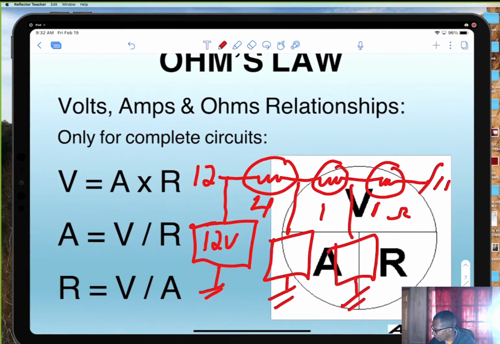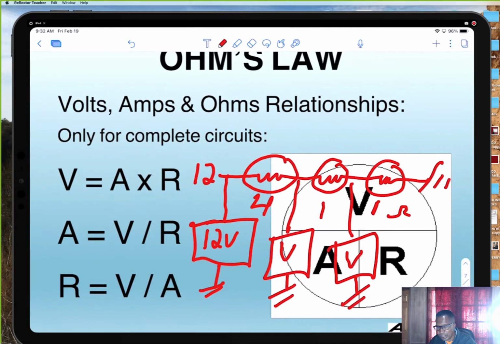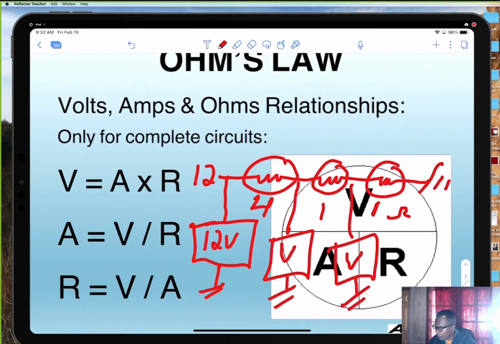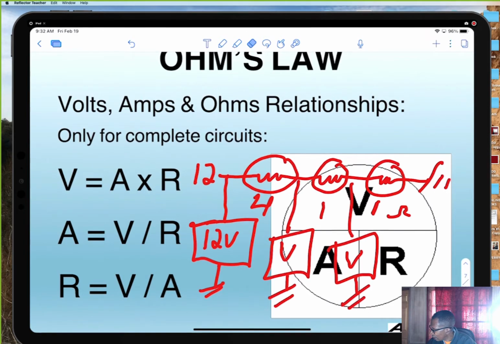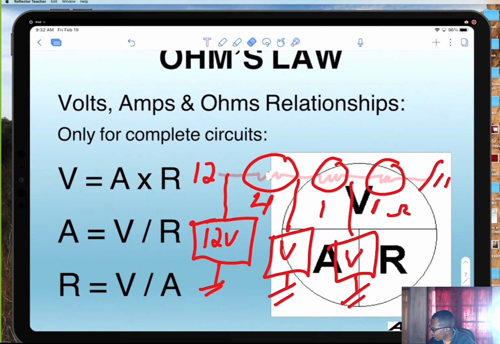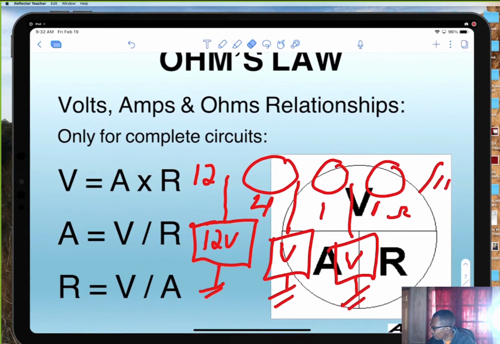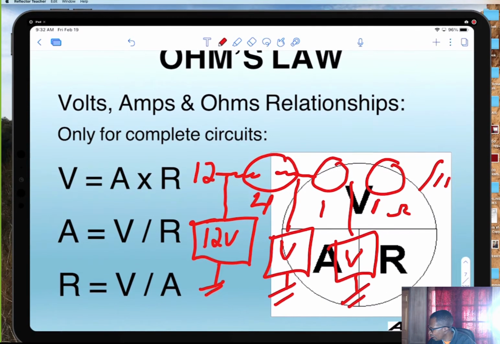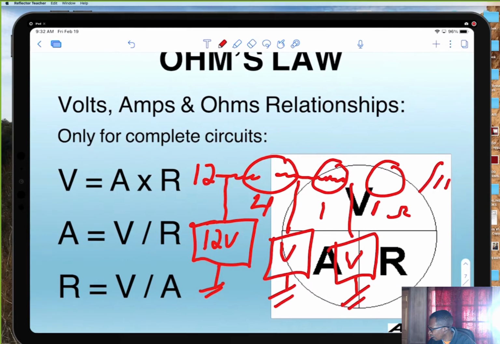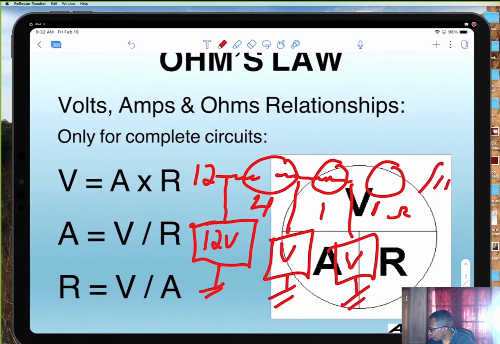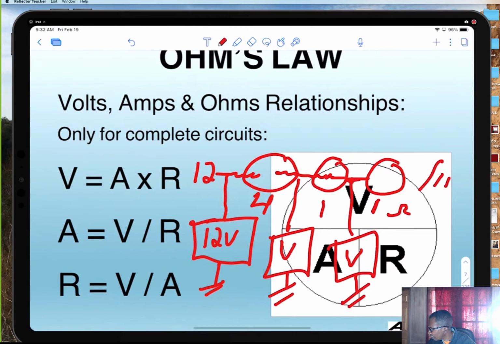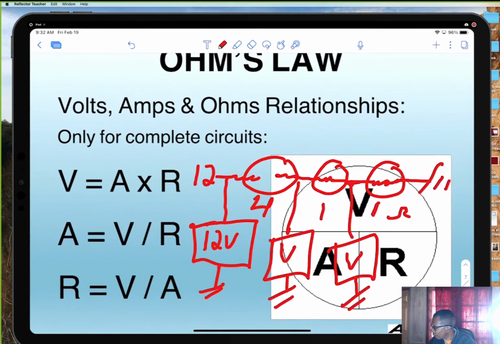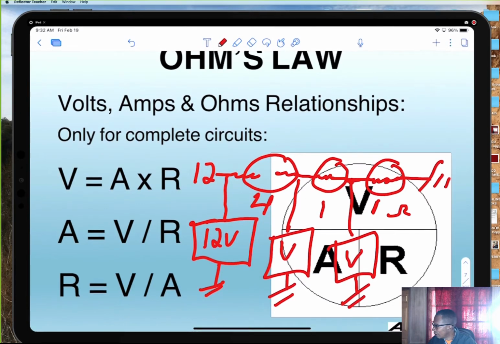So at each one here, I should have a voltage. We ain't going to figure that out yet. We do that later. We should have a voltage. But if I have an open circuit, here I would have 12 volts.